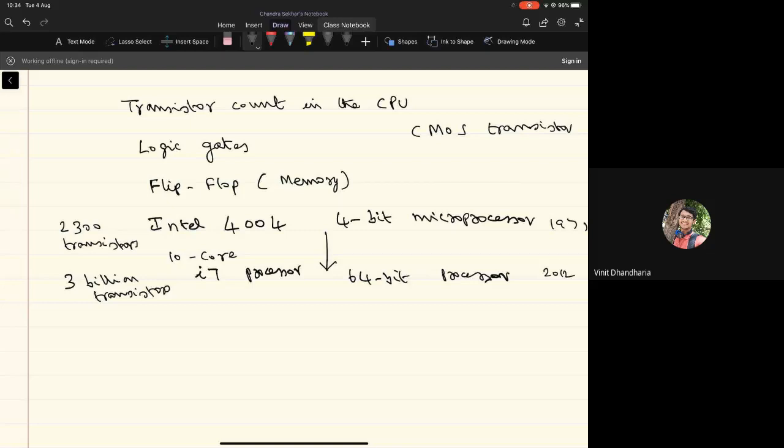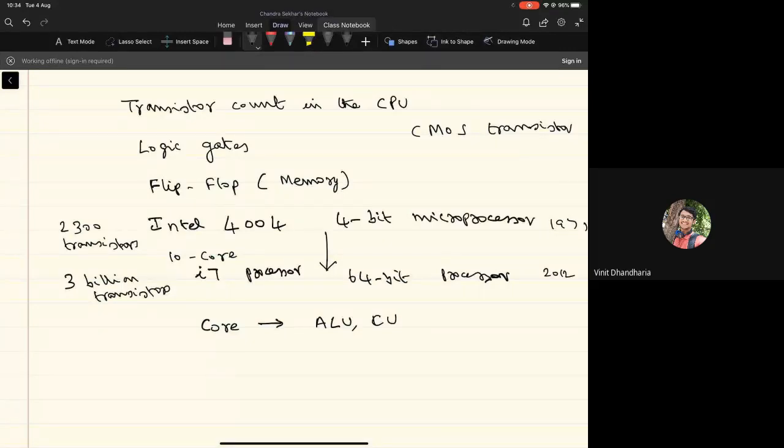Typically, each core is going to have its own ALU and control unit. I'm again putting it very simply, right?